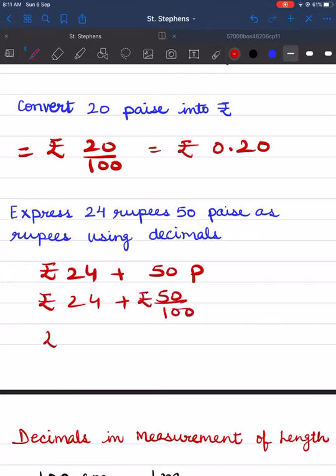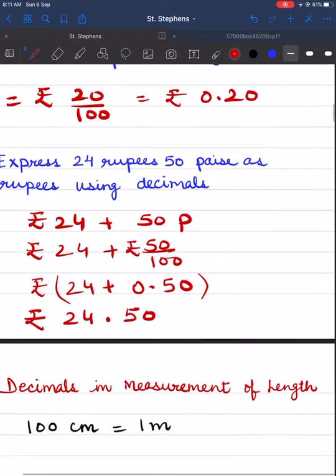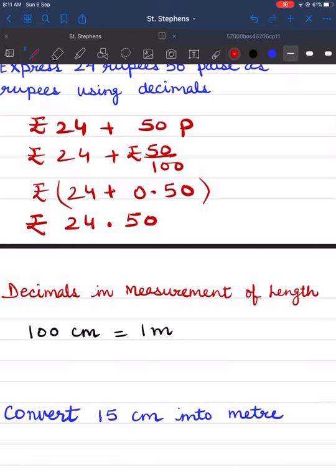So here we have rupees 24 plus 0.50. Now here 24 is the whole part and 50 is the decimal part. So we get 24.50 rupees.